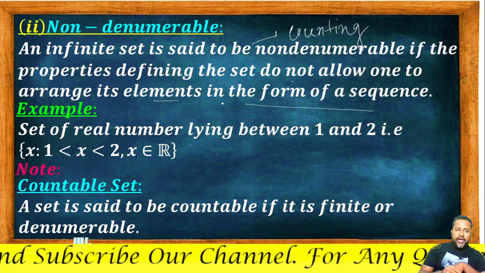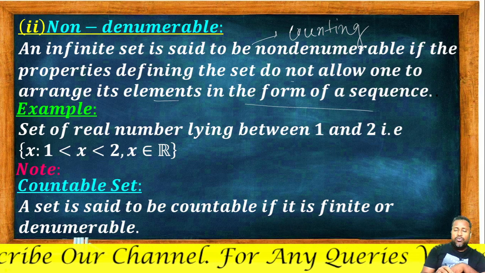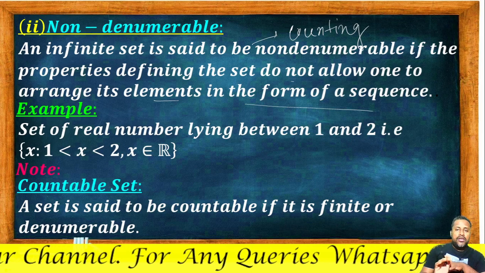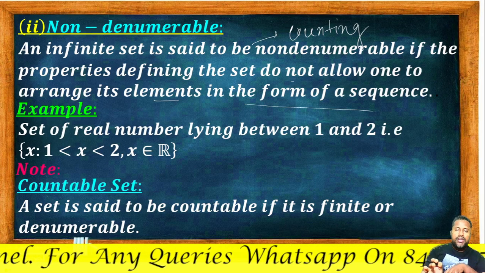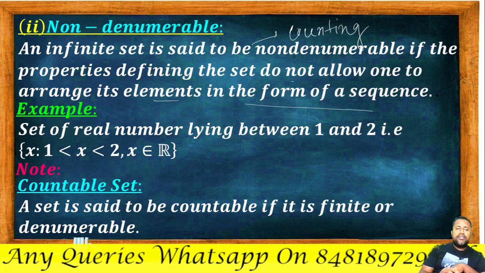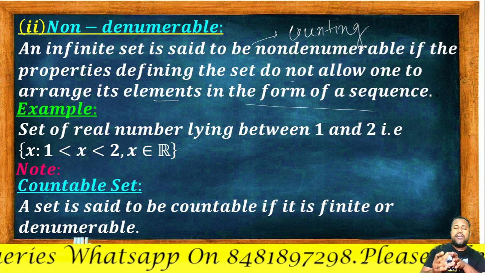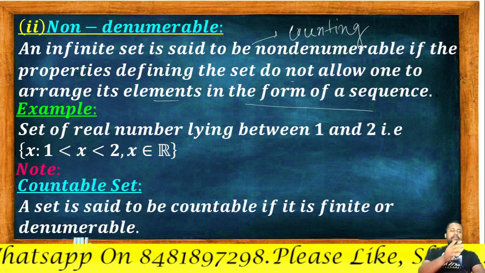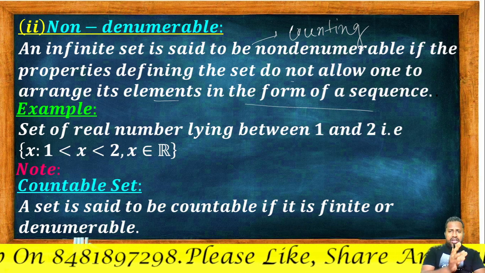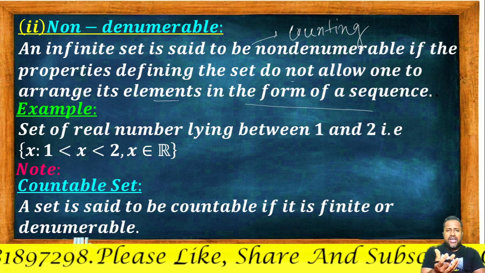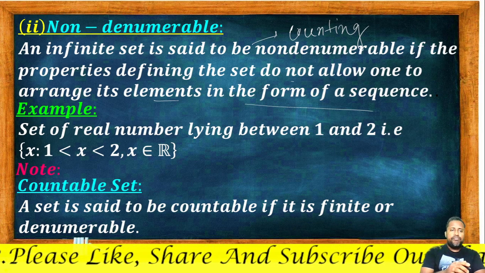So that means first, we cannot count the elements of this set by ordinary counting, and second, we cannot arrange the elements of this set in the form of a sequence, that means in ascending or in descending order.